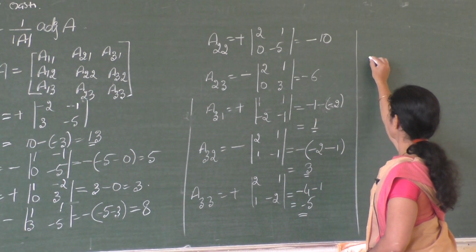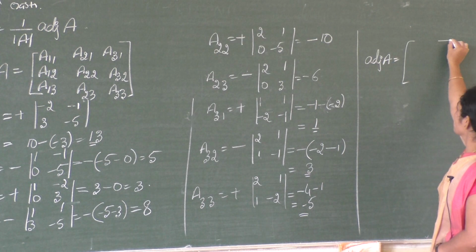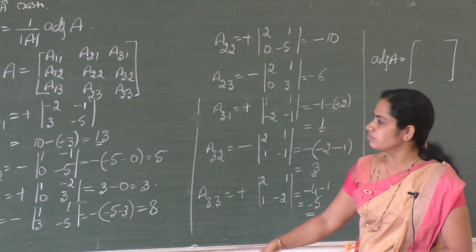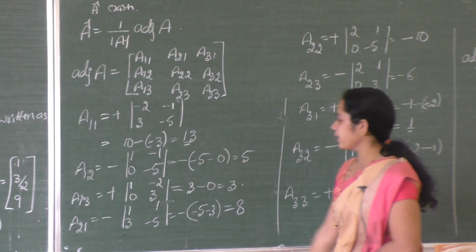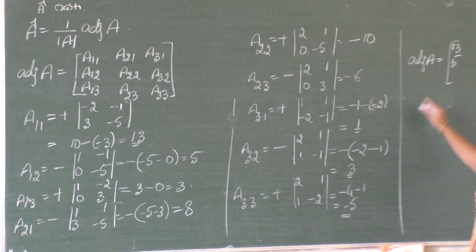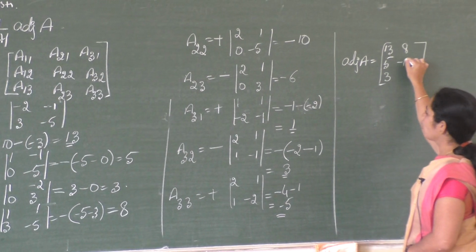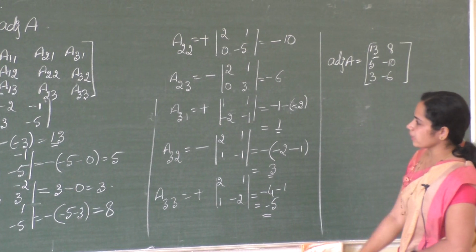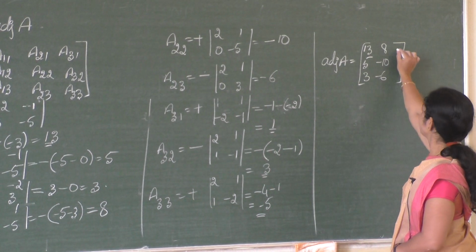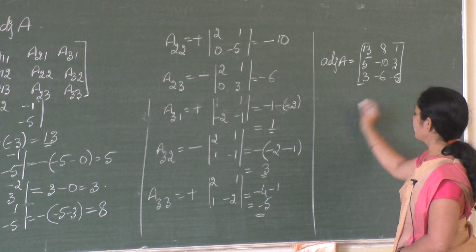Adjoint of A equal to, A11 here 13, 5, 3, 8, minus 10, minus 6, 1, 3, minus 5.